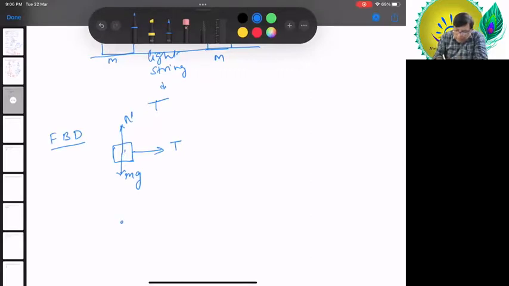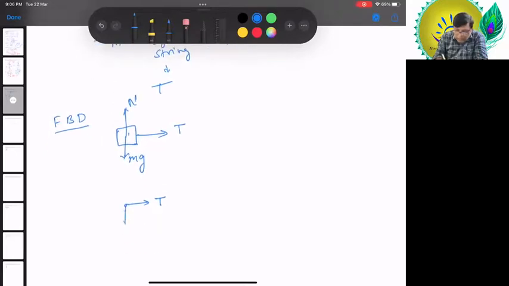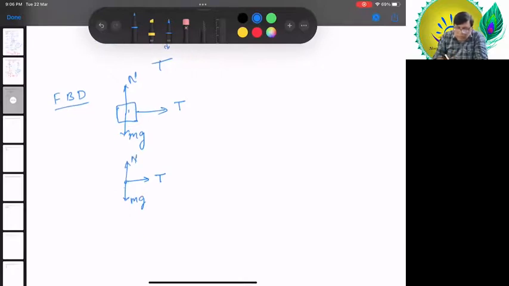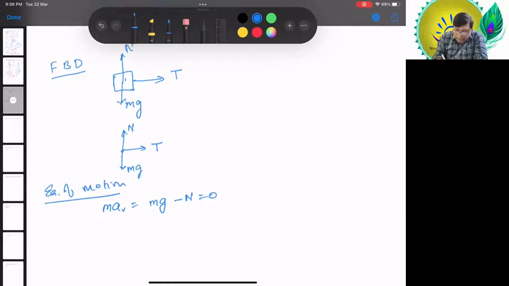We have to take tension in this direction, mg vertically downward and normal force upward. So the equation of motion in the vertical direction: m a_v is equal to mg minus N, that is 0, and in the horizontal direction m a_h is equal to T.